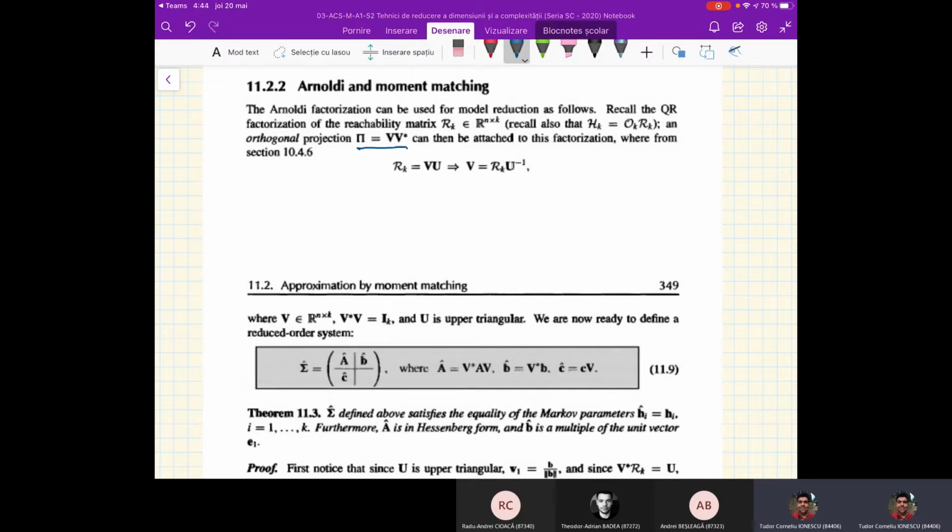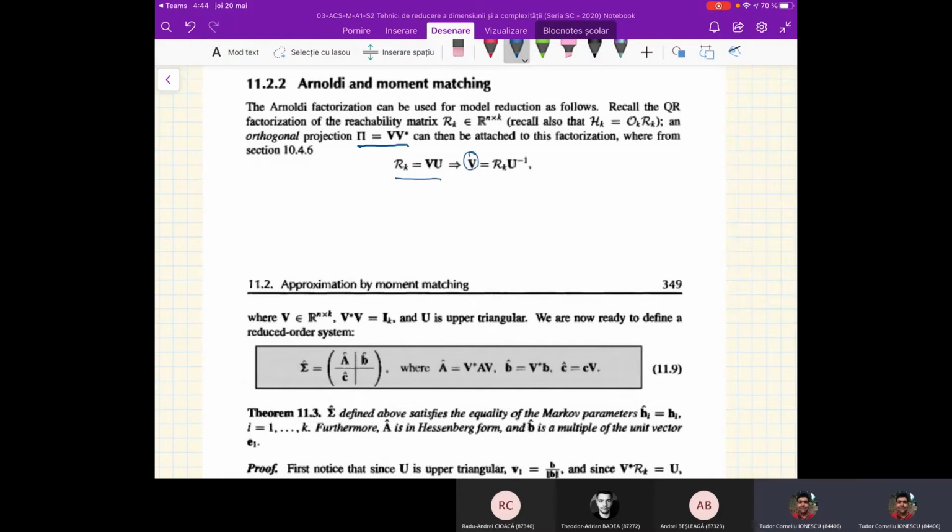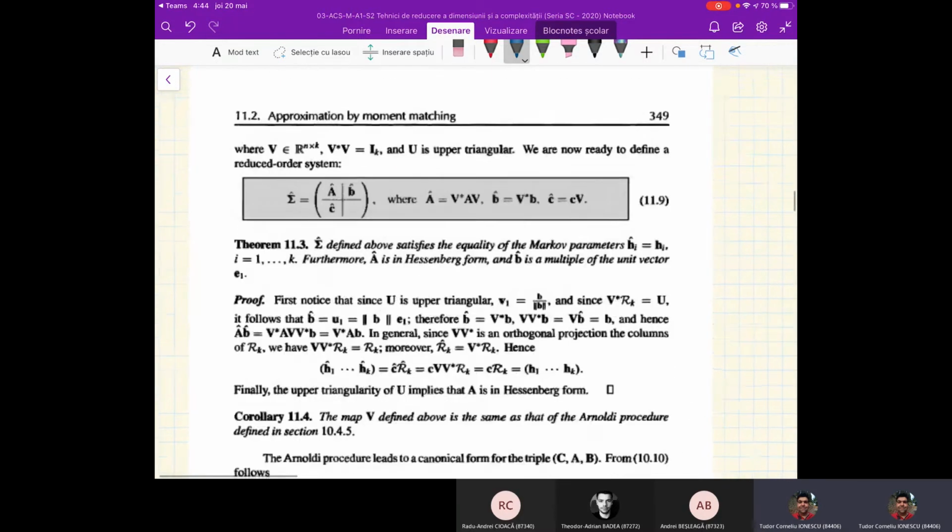Since RK is V times U, then V, if you want to build V, is RK U inverse.